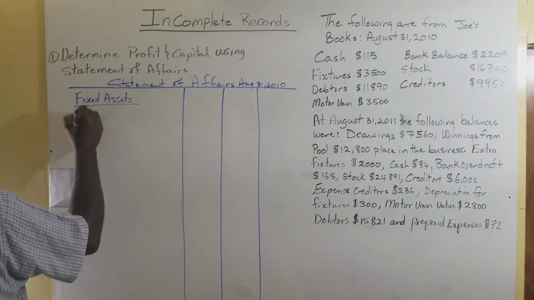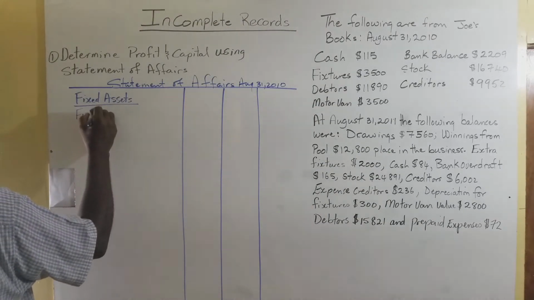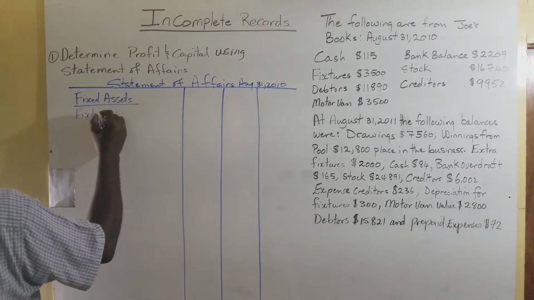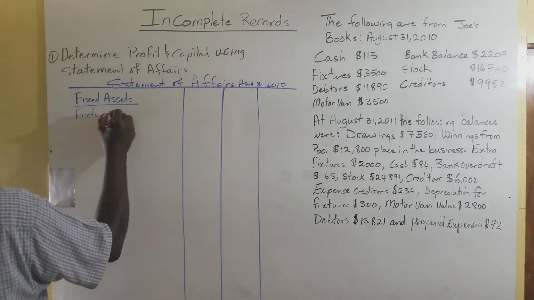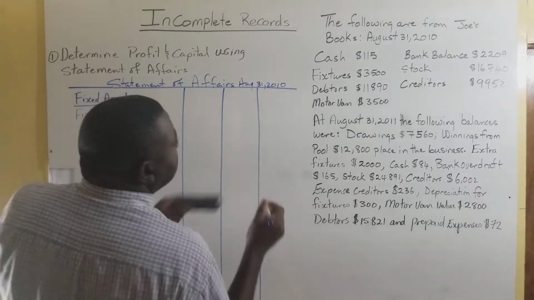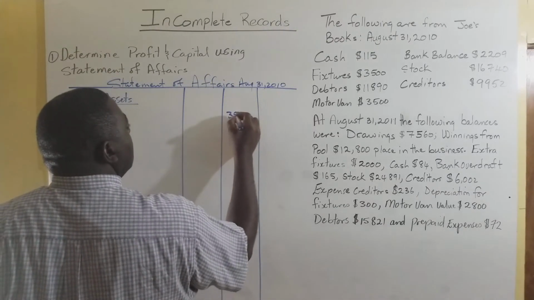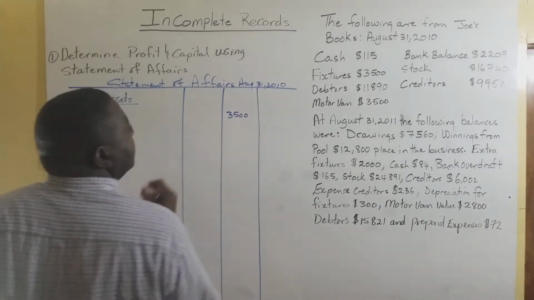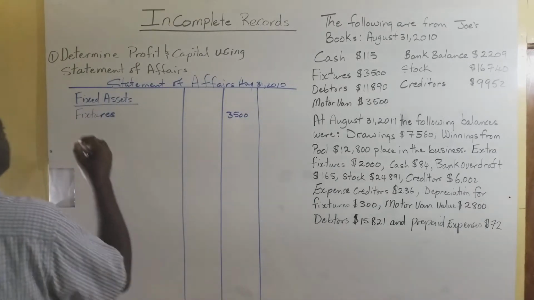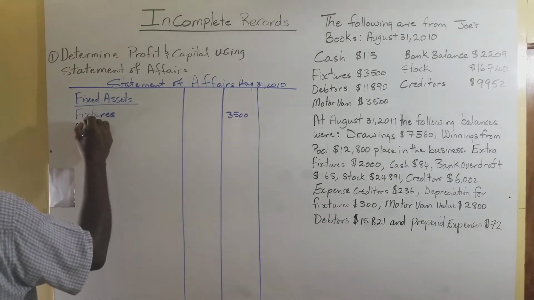So our fixtures figure is 3,500. The motor van figure is also 3,500.